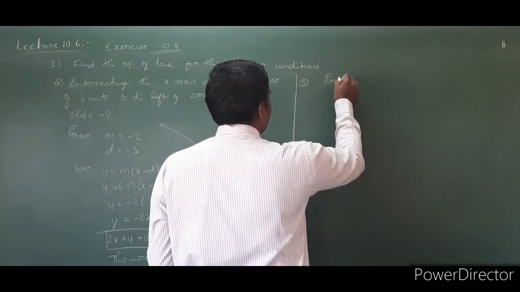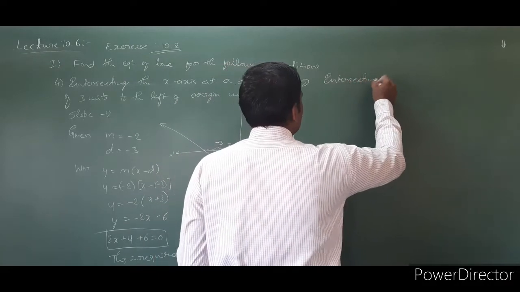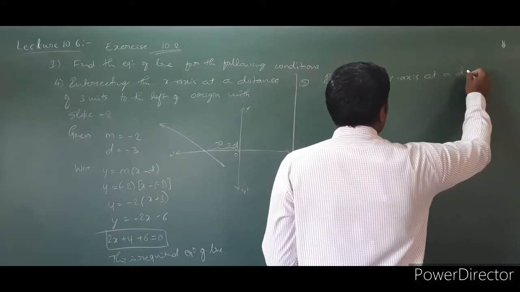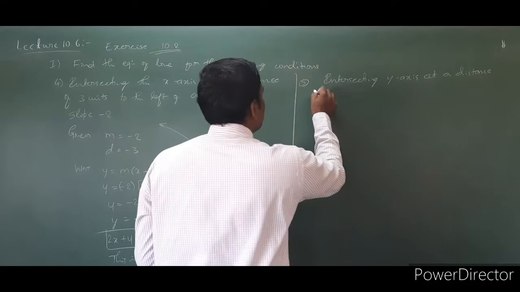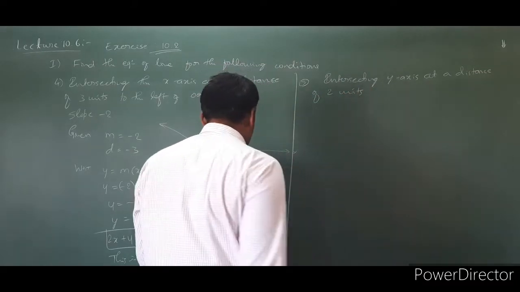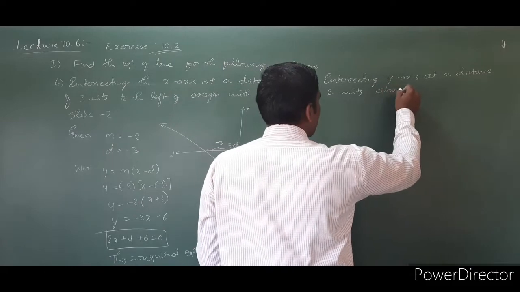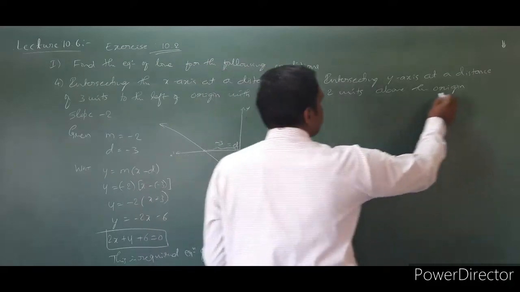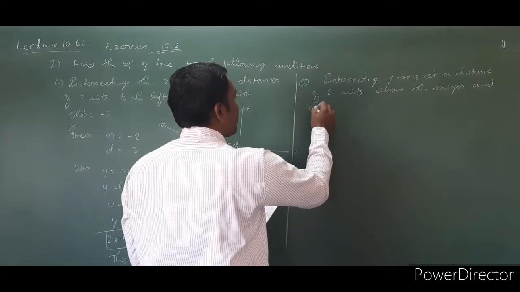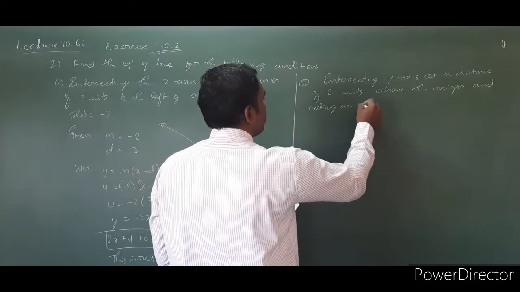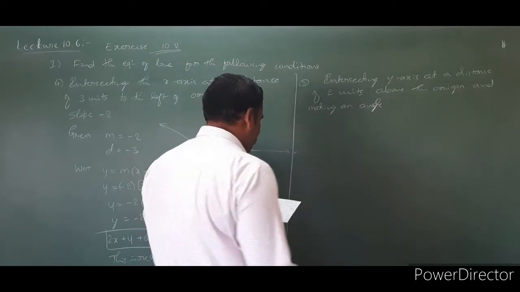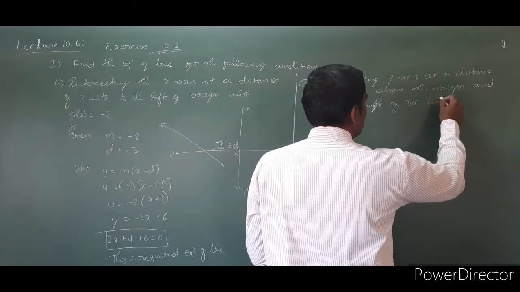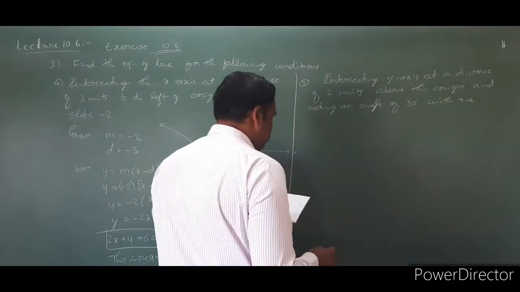Intersecting the y-axis at a distance of 2 units above the origin and making an angle of 30 degrees with the positive direction of the x-axis.